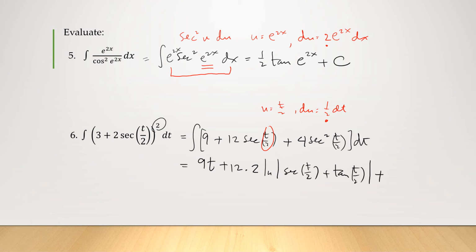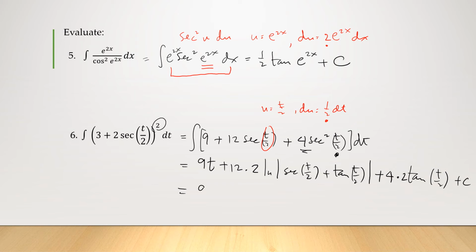Plus 4 secant squared. We know that the integral of secant squared is tangent, but we again check our u and its differential. So t over 2, the differential is 1/2 dt, so that will be 2 in our answer, and the integral of secant squared is tangent of t over 2 plus c.